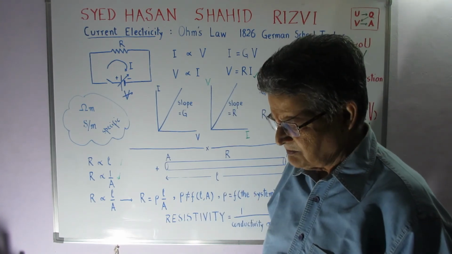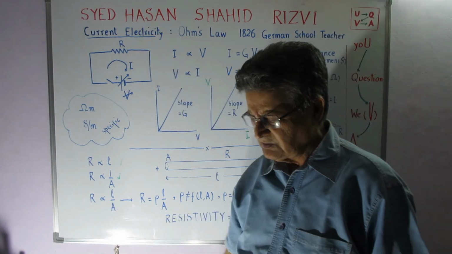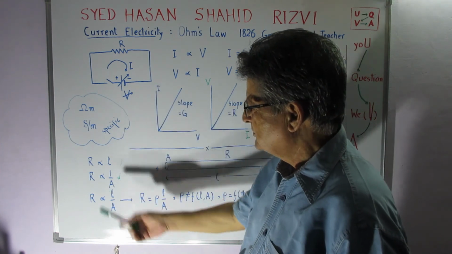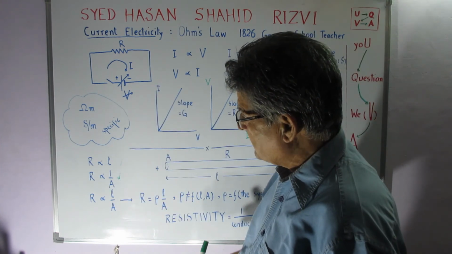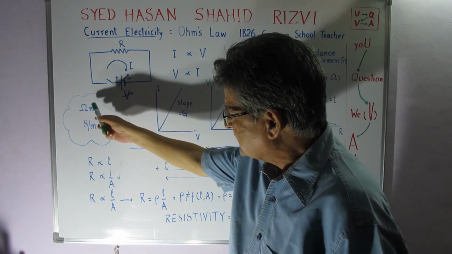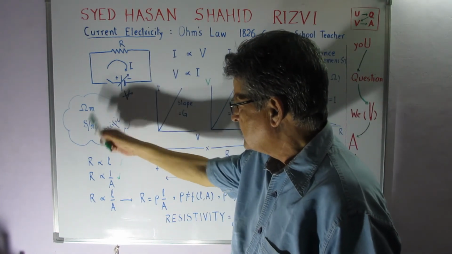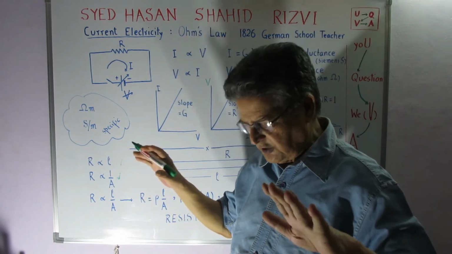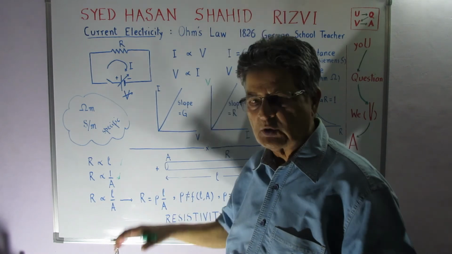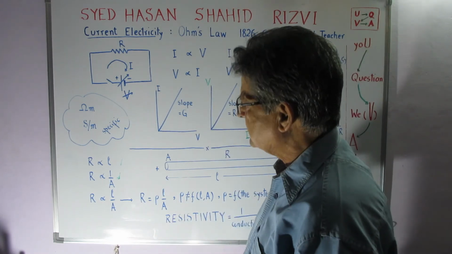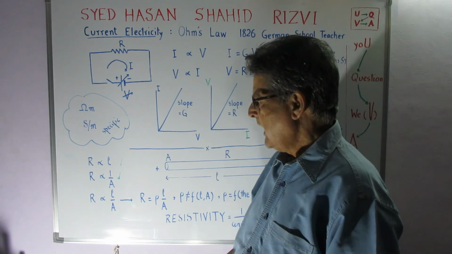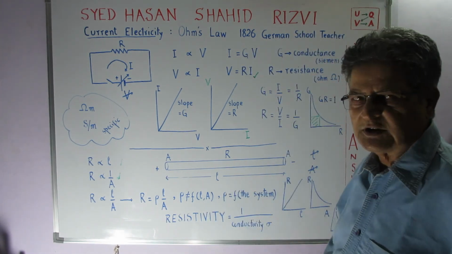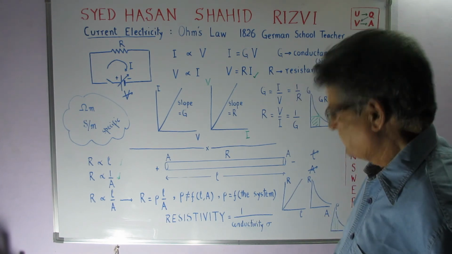Not very long back, in class 9th, 10th, when they might have introduced something like this, we talked about specific resistance, specific conductance. I don't subscribe to that. The students today are intelligent enough, very sharp, and they can talk about terms like resistivity, conductivity, etc.